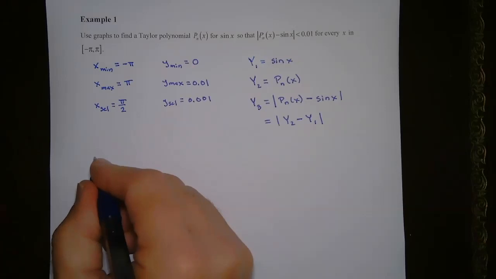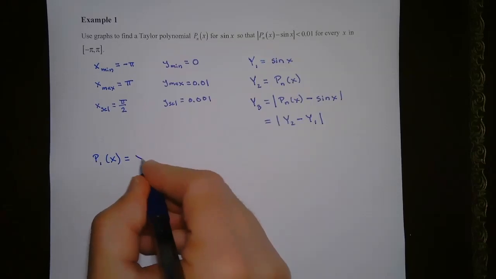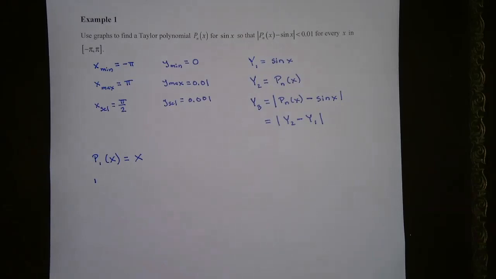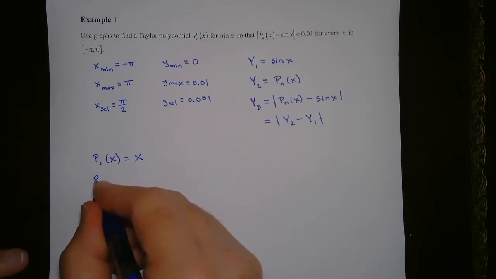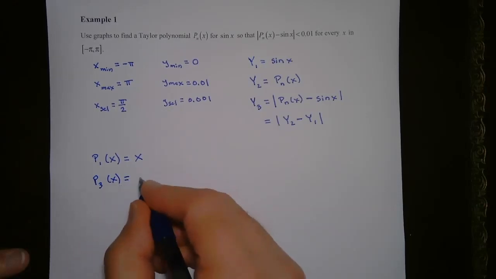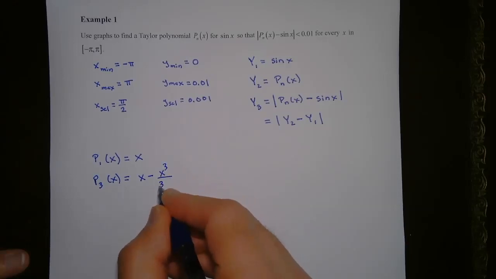I'm going to start listing a couple of these. The first order Taylor polynomial for sine x would be x. And then we don't have a second one because we don't have a second degree Taylor polynomial, because remember, it goes x and then minus x cubed over 3 factorial. This is where it's helpful to know that chart that I gave you. So we don't have a p sub 2, but we have p sub 3 of x, which would be x minus x cubed over 3 factorial.